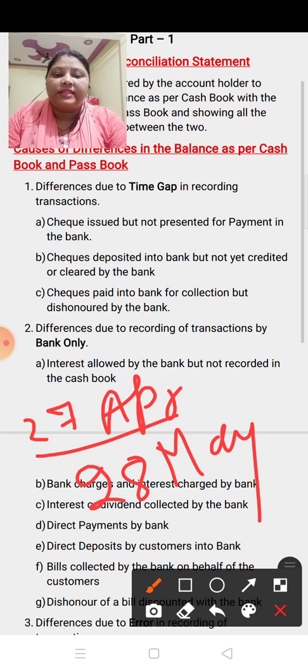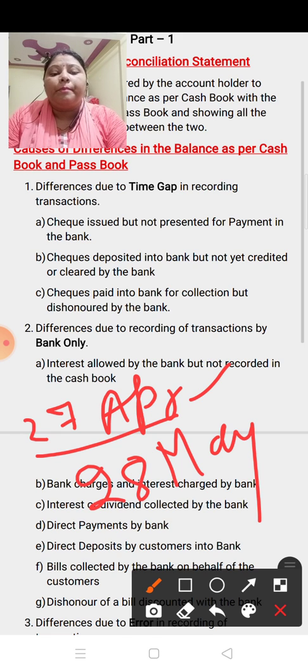So at this time when we issued the check, we subtracted the amount in the cash book because we have maintained the cash book. So on 27th April when we issued the check, we entered this amount in the cash book in the bank column.